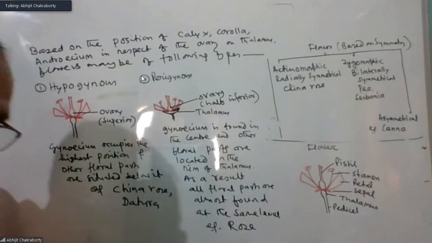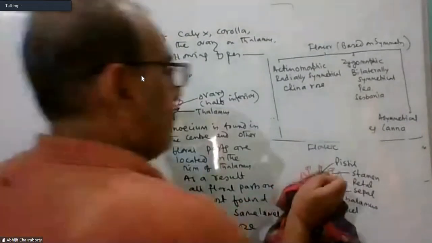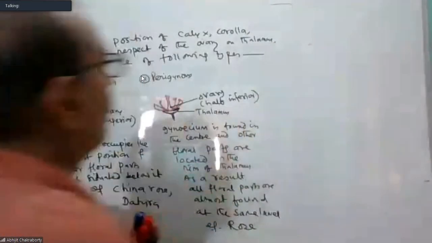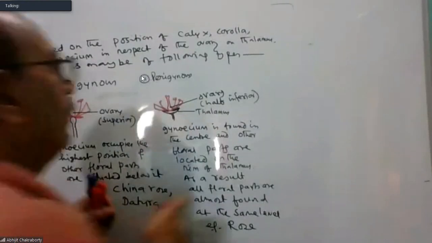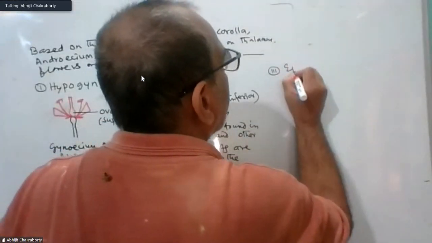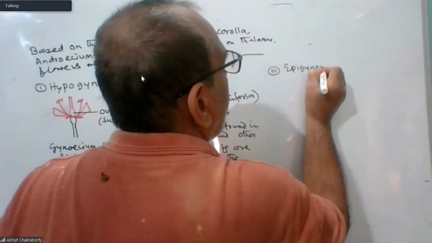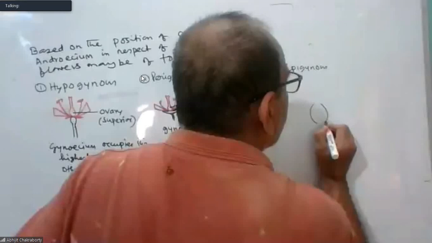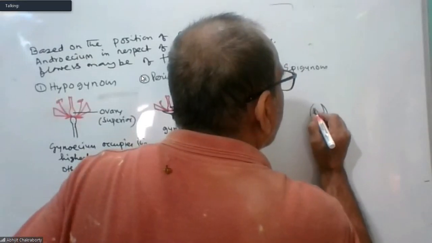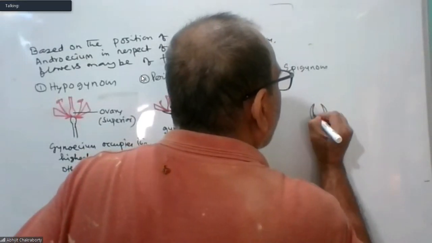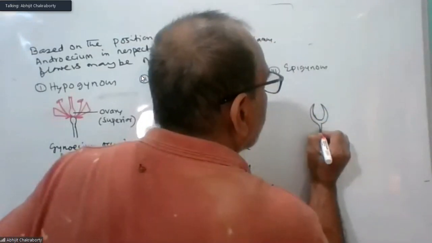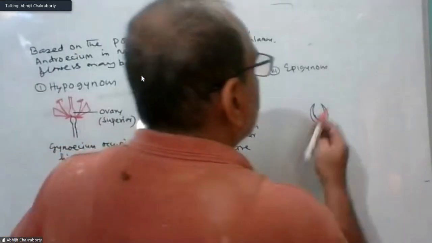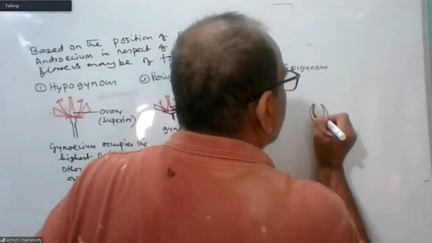In case of epigynous, the thalamus is concave and its wall is found to be fused with the ovary.